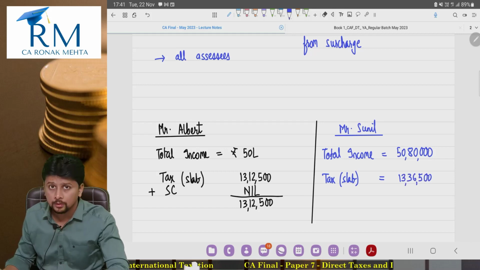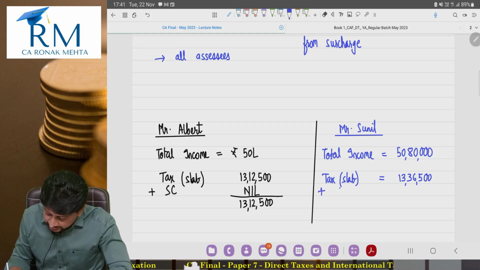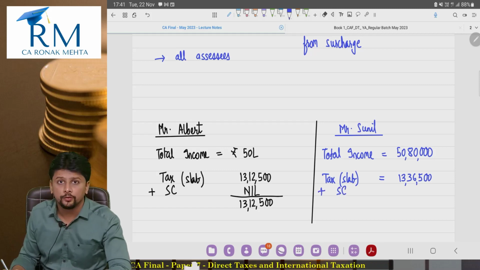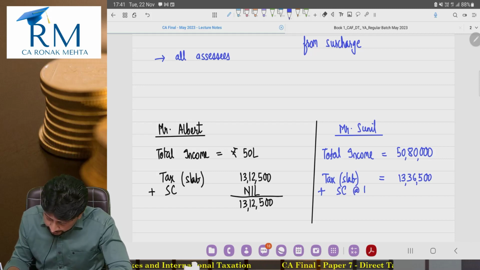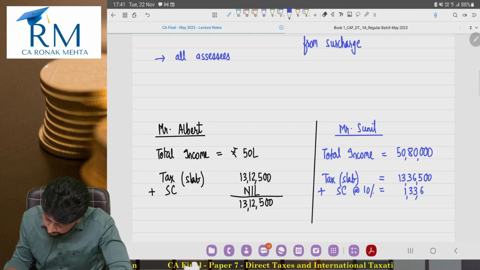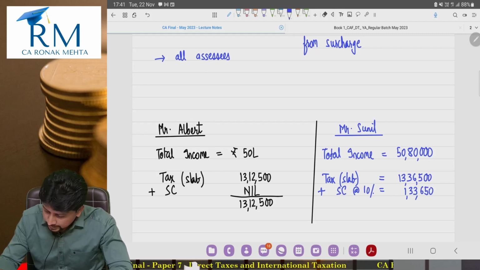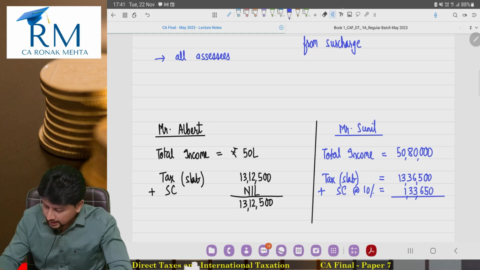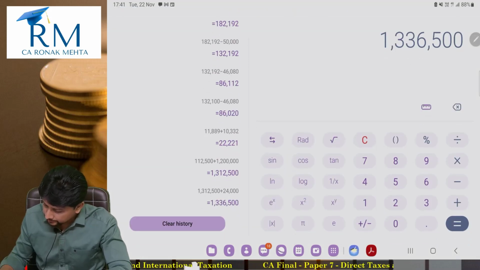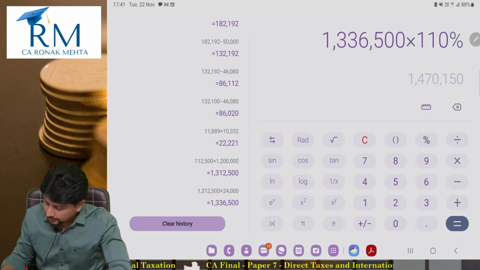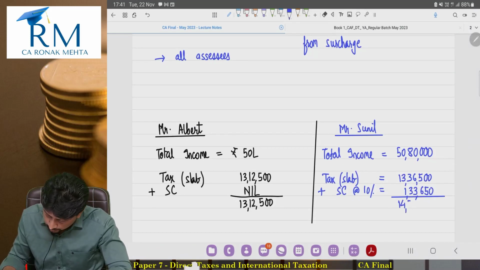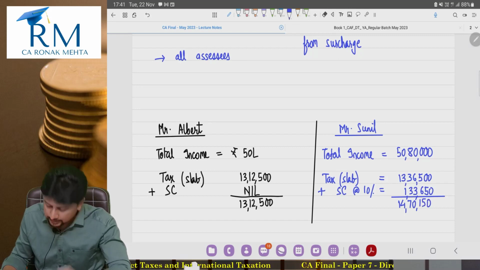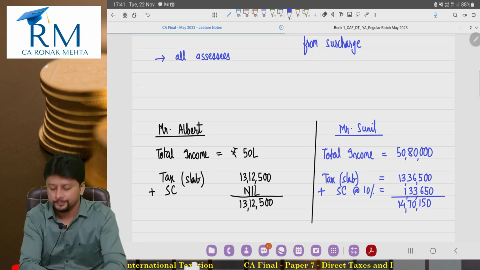But now, because the income has exceeded the threshold of 50 lakh rupees, surcharge will apply, and surcharge will apply at the rate of 10%. So 1,33,650 is going to be his surcharge, and his tax currently is 14,70,150, and here lies the problem. Look at this.